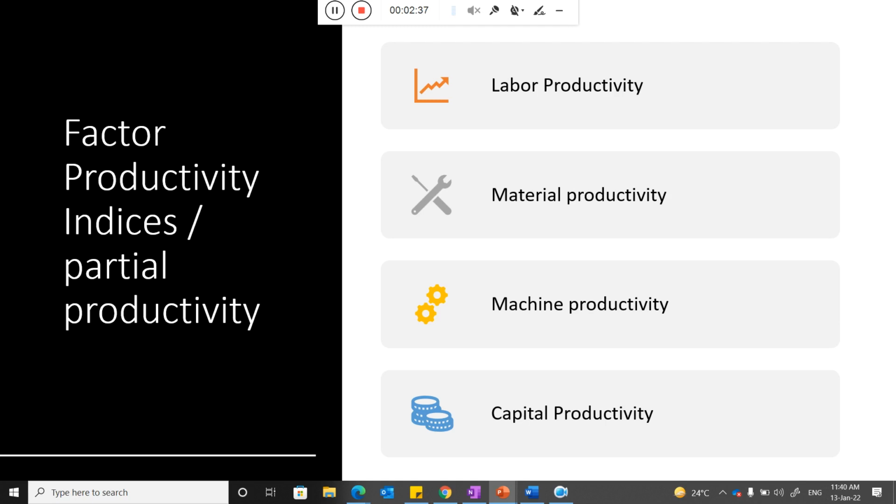You measure the productivity of labor, of material, of machine, of capital. If you measure each individual element, that is nothing but the partial productivity measurement, PPM. One by one I will discuss all these things.